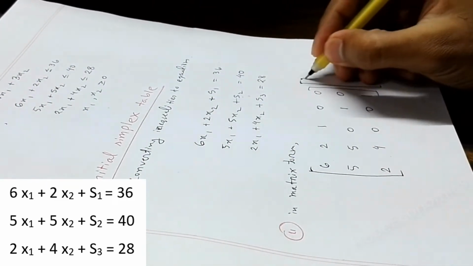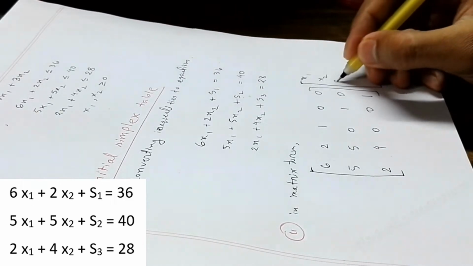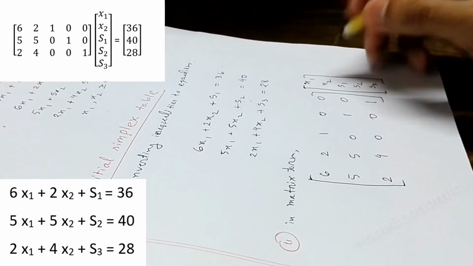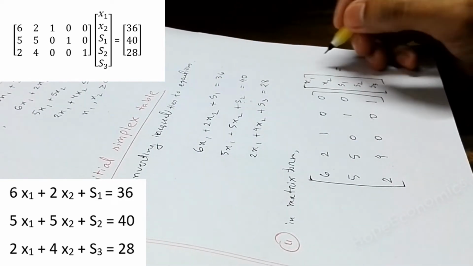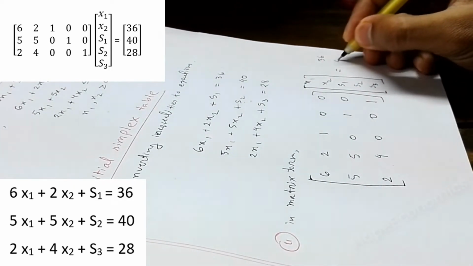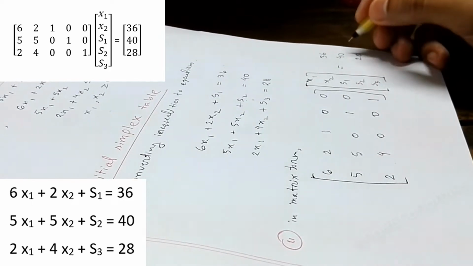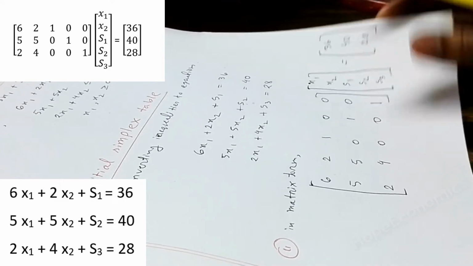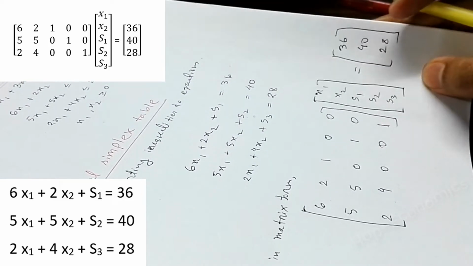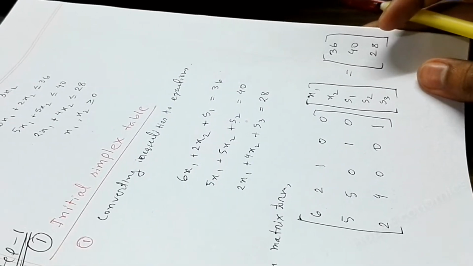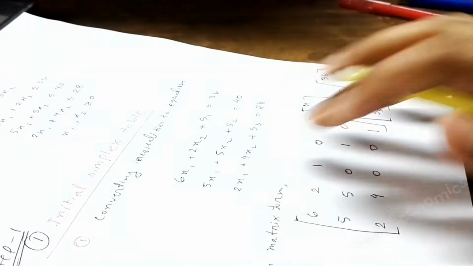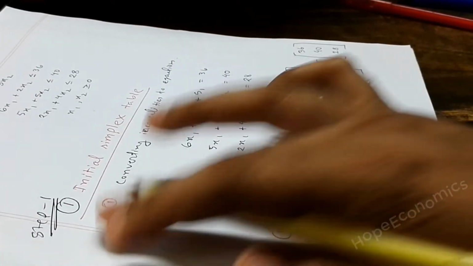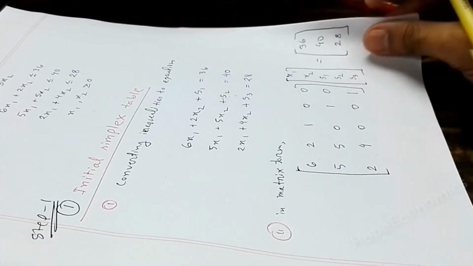The variables are x1, x2, s1, s2 and s3, equal to the constants 36, 40, 28. So this is our matrix form. These equations are in matrix form. This is our second step.